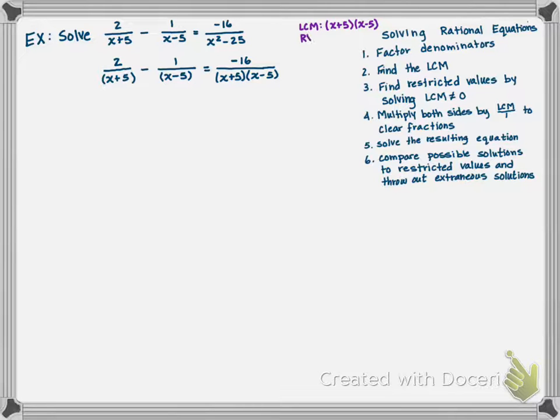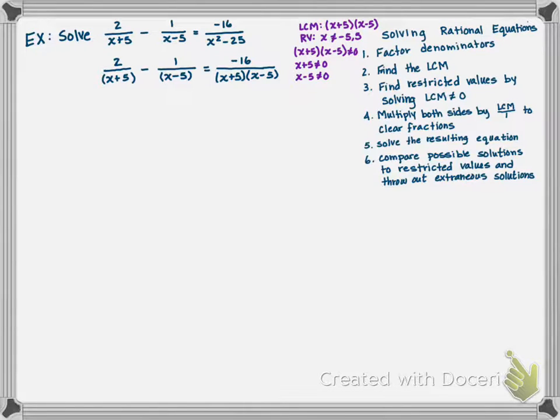And then for my restricted values, if I set my LCM not equal to 0, that means that x plus 5 is not equal to 0, and x minus 5 is not equal to 0. So x is not equal to negative 5 or positive 5. And so now I'm ready to clear fractions.